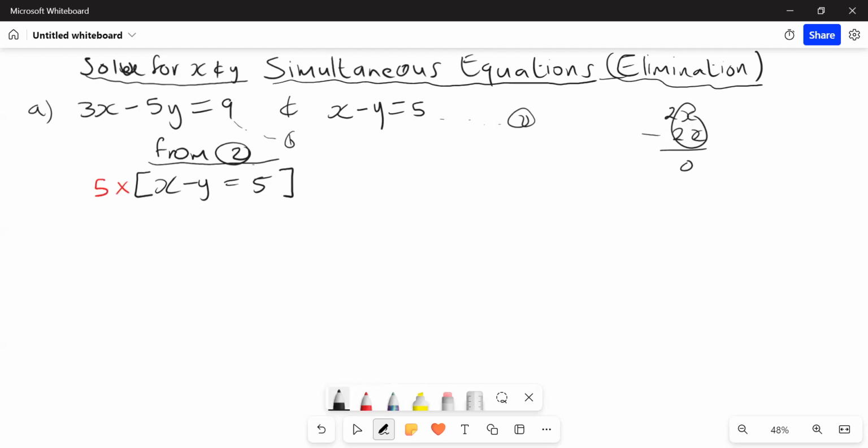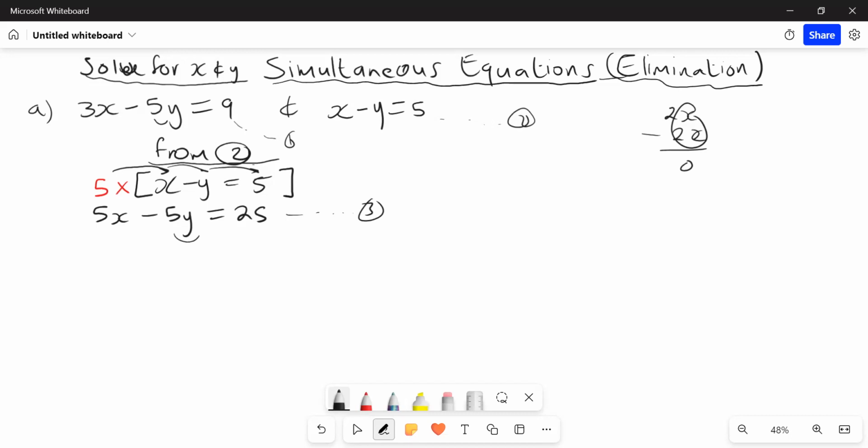When you multiply everything by 5, you're distributing the 5. So we're multiplying everything by 5. So we have 5x minus 5y equals to 25, right? This becomes our equation 3. So we've created our own equation 3. Now if you check, we have 5y as well as 5y. Now it becomes simpler for us to eliminate one variable.